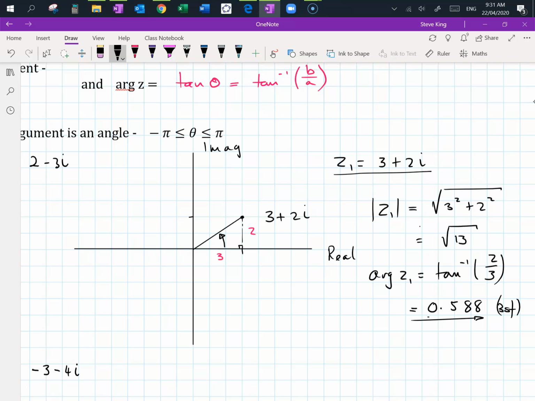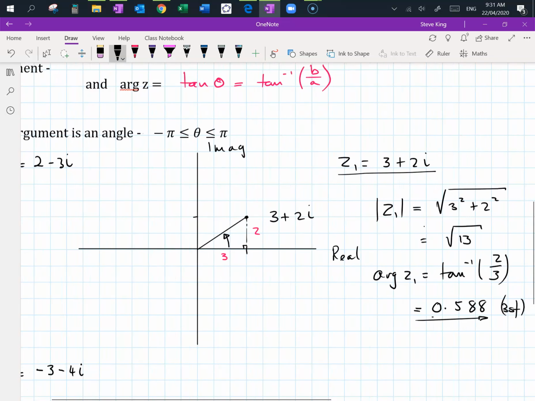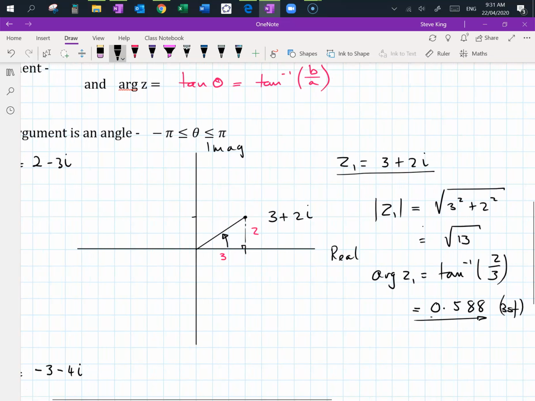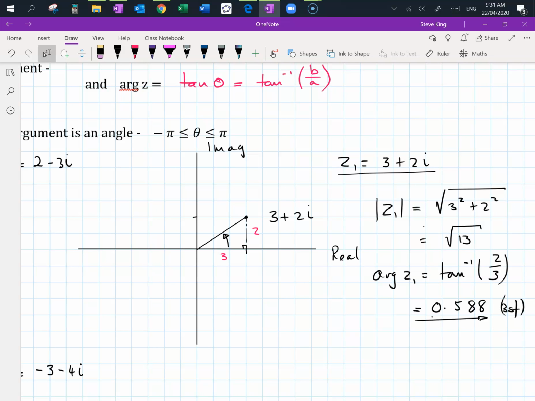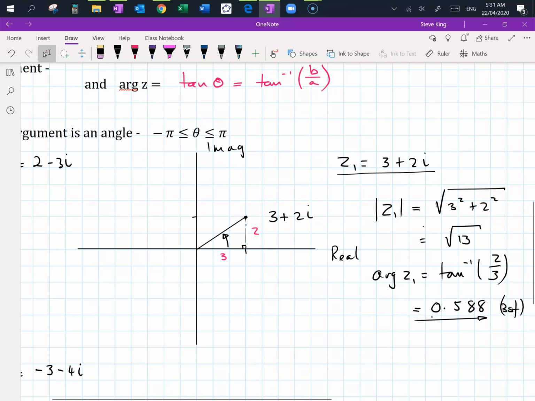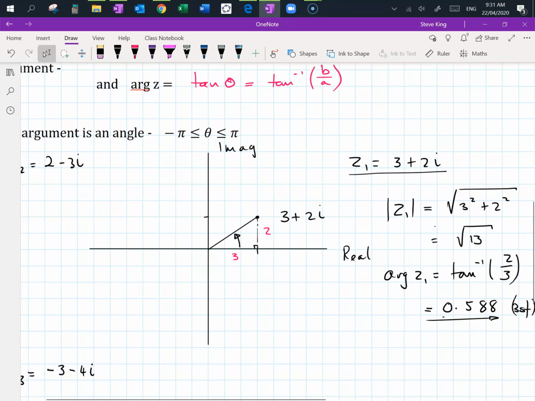Now, we generally write the argument in radians. Sometimes it'll be given in degrees, but generally it'll be given in radians. So there's your first point. There's the point z1 on the Argand diagram, and there is the point defined in terms of its modulus and its argument.